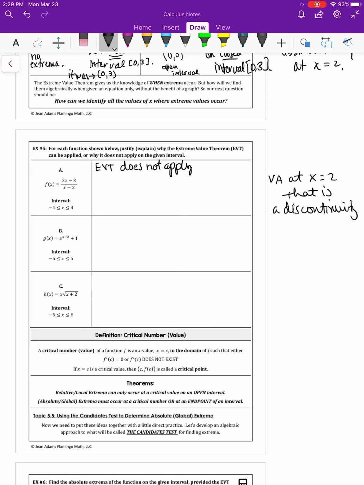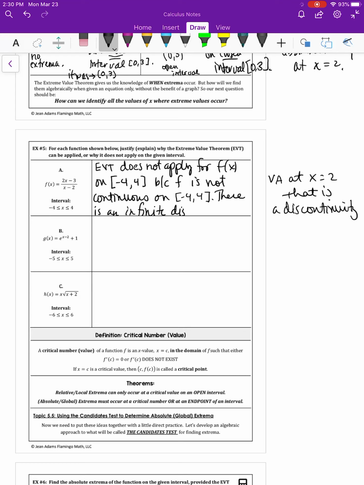So the EVT does not apply for f of x on -4, 4, because f is not continuous on -4, 4. There is an infinite discontinuity at x equals 2.